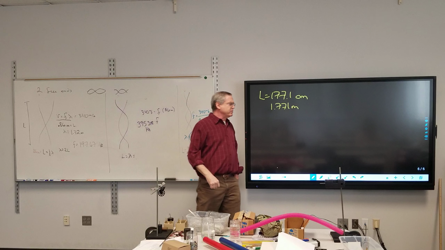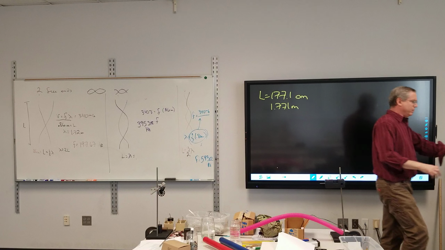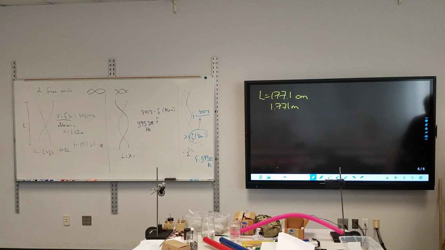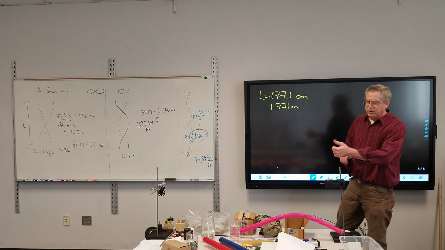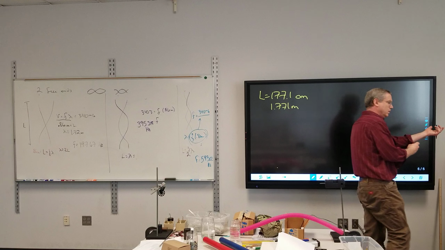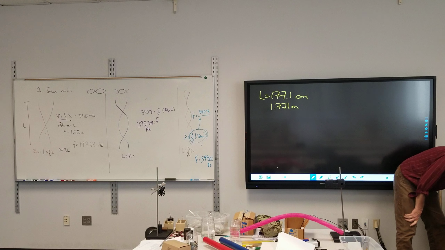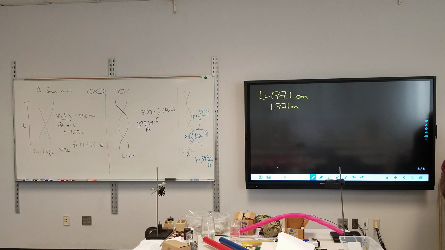We need to know the mass of it, and fortunately we have a triple beam balance here. Now, because the mass is going to be so incredibly small, we need to be careful about it. We need to either have it offset or have it zeroed. And that is off.